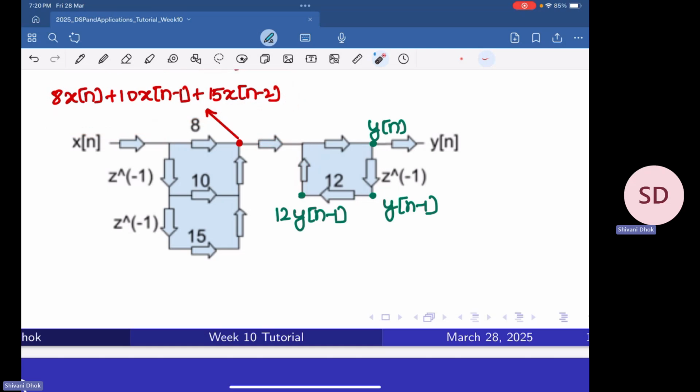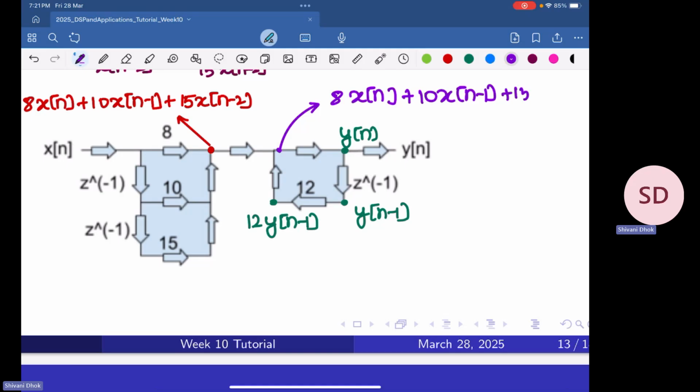So now after this addition, at this point, at this junction, what do we get? We get 8 times x of n plus 10 times x of n minus 1 plus 15 times x of n minus 2 plus this 12 times y of n minus 1.